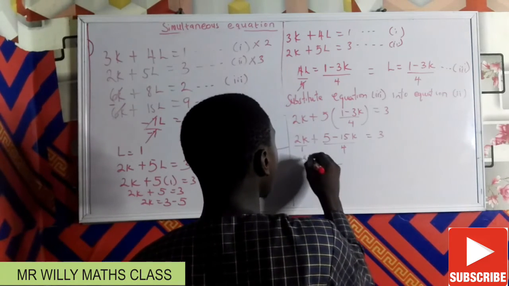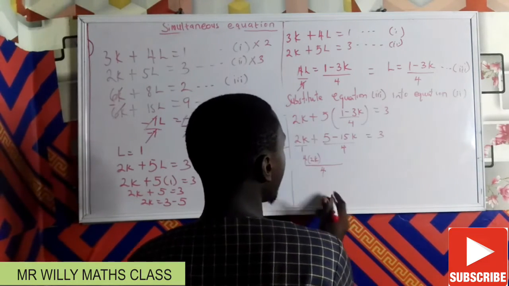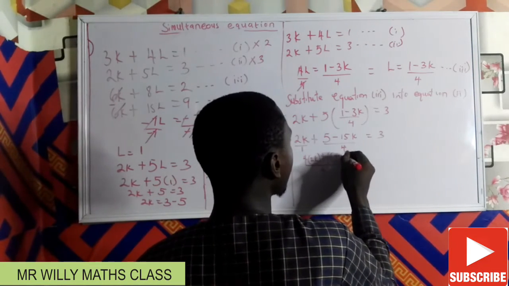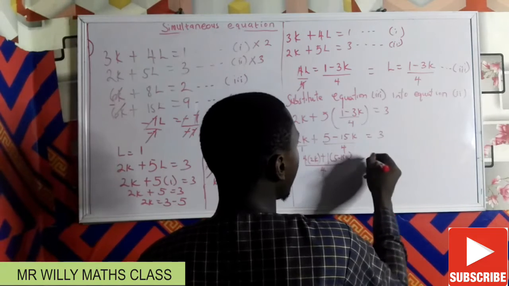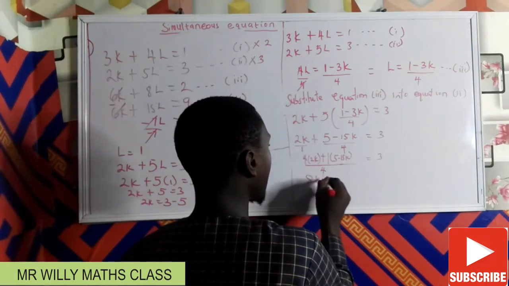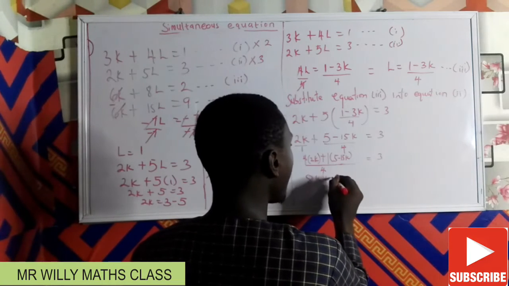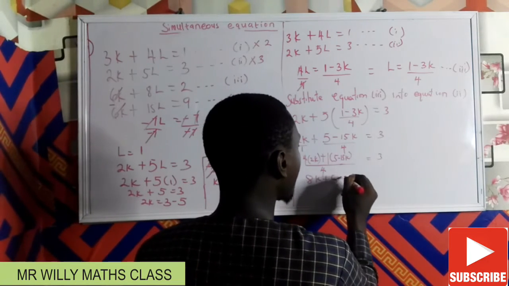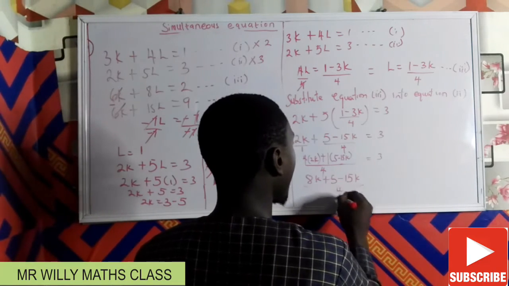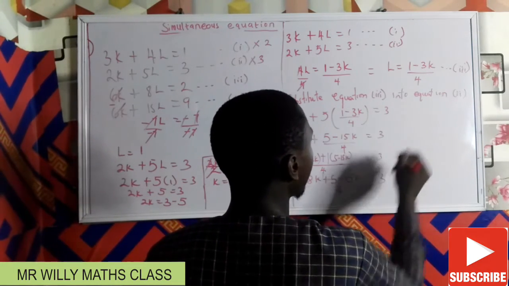So you have 4 bracket 2K plus 5 minus 15K equals 3. Now 4 times 2, that will be 8K, plus 1 times 5, that will be 5, minus 15K over 4 equals 3.